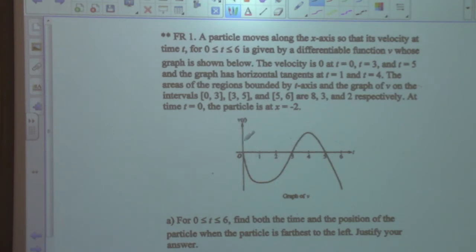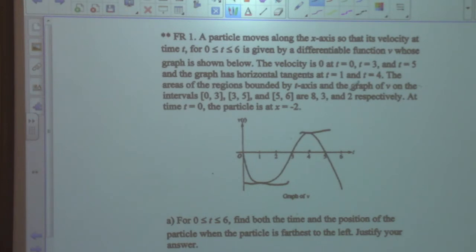And the velocity is 0 at t equals 0, and at t equals 3 and t equals 5. And the graph has horizontal tangents at t equals 1, so here we have a horizontal tangent right here where t equals 1, and also where t equals 4, another horizontal tangent line there.